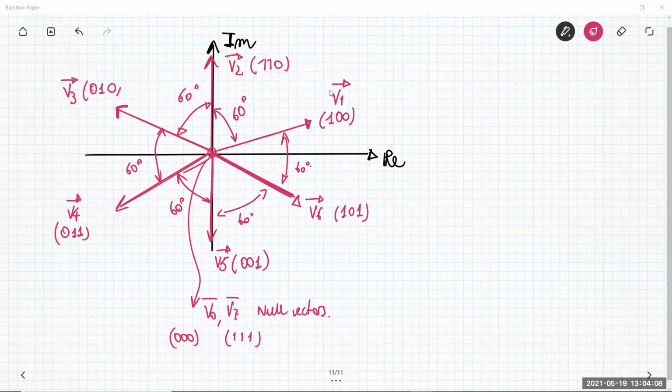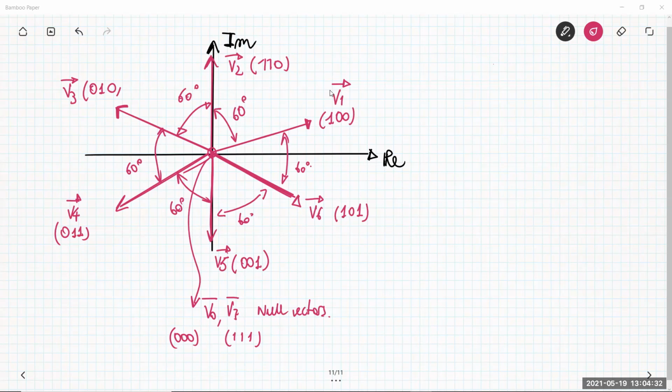This is the representation in the complex plane of the 8 space vectors that represent the line-to-line voltages of a three-phase inverter, for all possible combinations of the 6 switches that you have in this three-phase inverter.